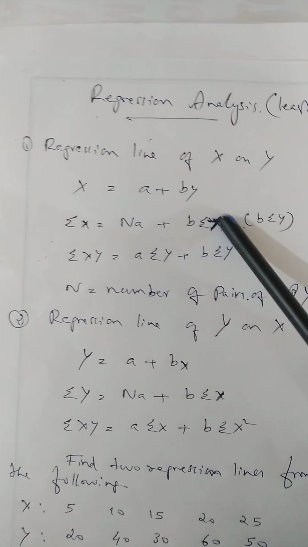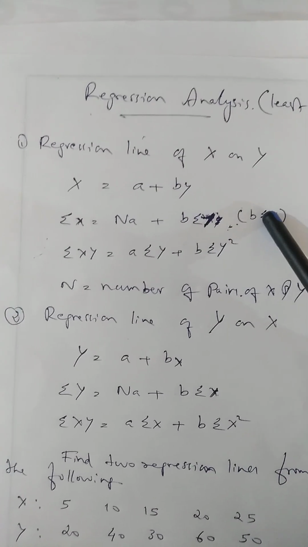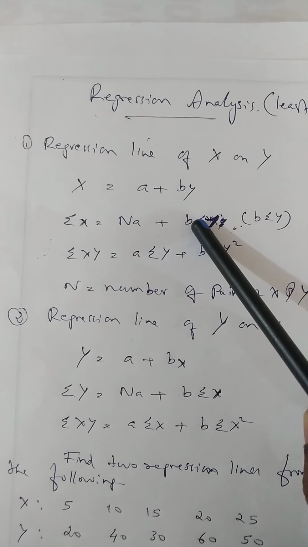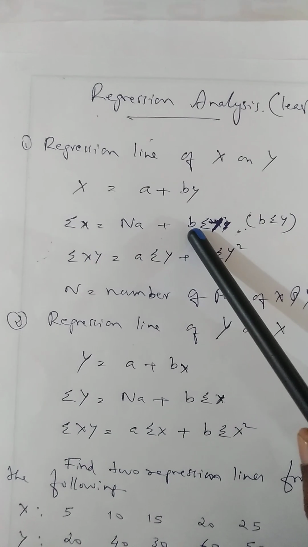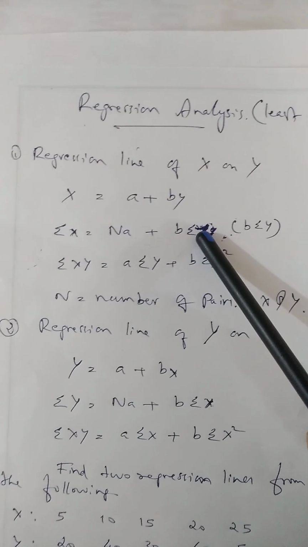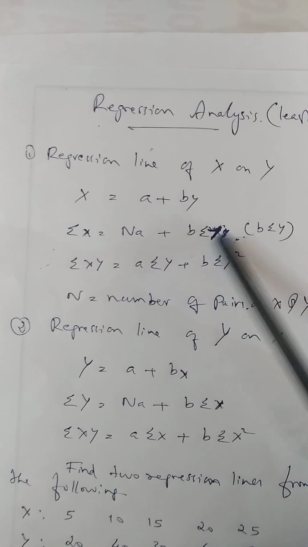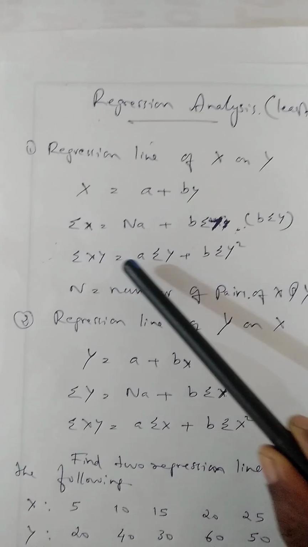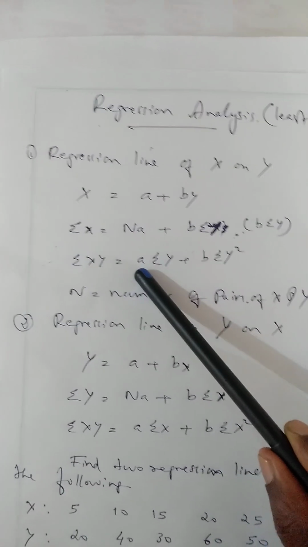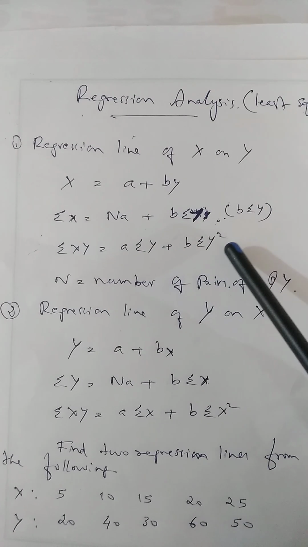As it is overwritten here, I showed it more clearly in the brackets. This is not part of the formula. The formula is sigma x is equal to na plus b sigma y. Then one more formula, sigma xy is equal to a sigma y plus b sigma y square.